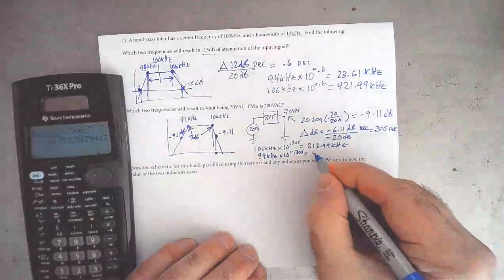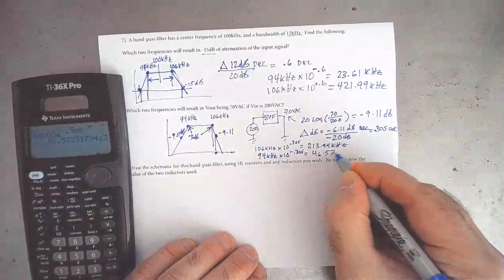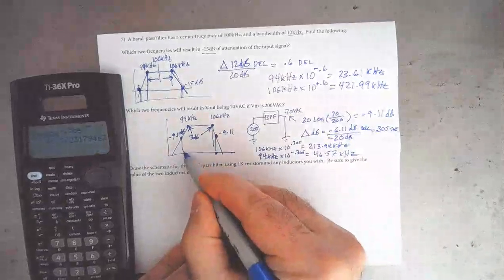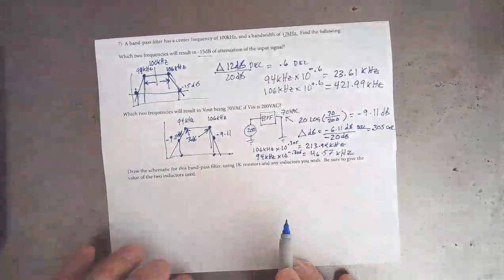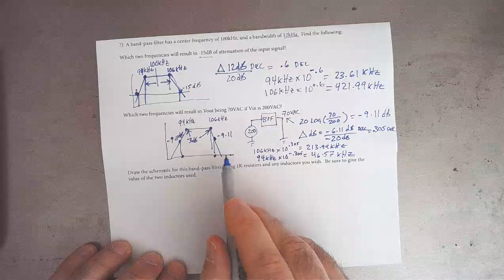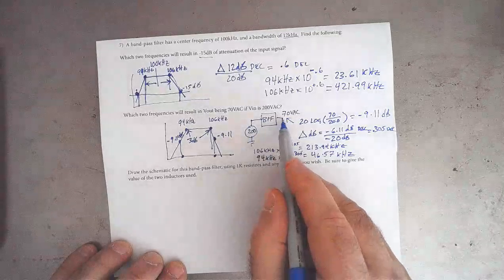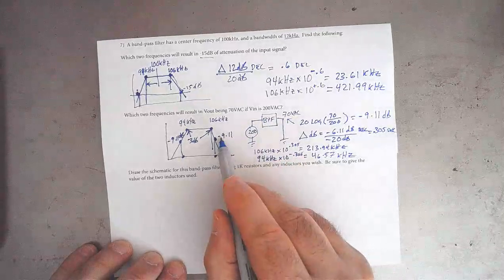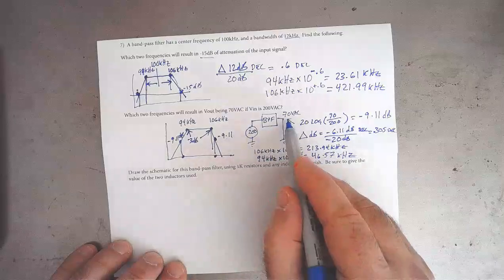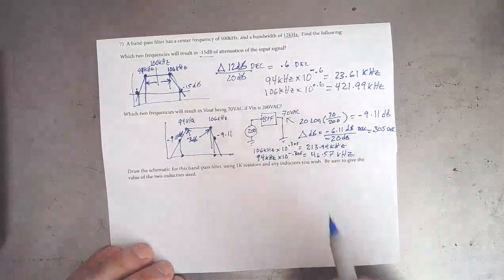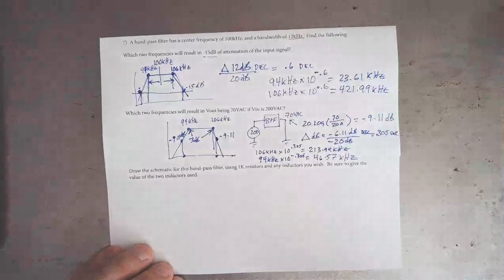And that gives us 46.57 kilohertz right there. So that's this frequency. So those are the two frequencies that will result in this 200 volts AC input getting attenuated by minus 9.11 dB, therefore attenuating the 200 volts down to 70 volts AC.